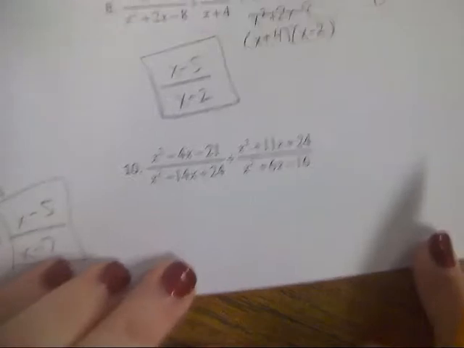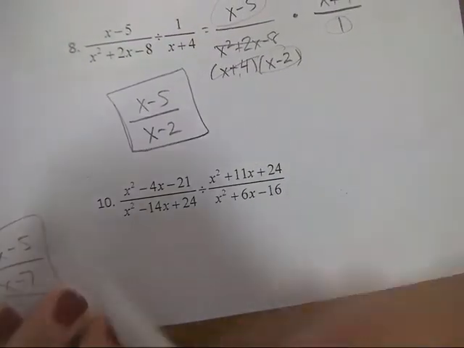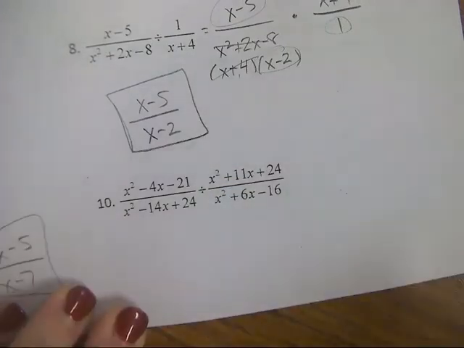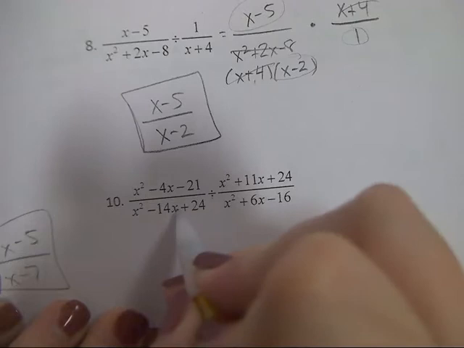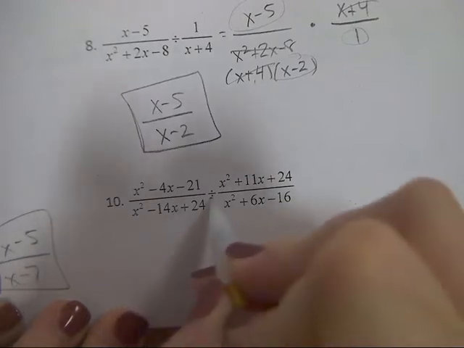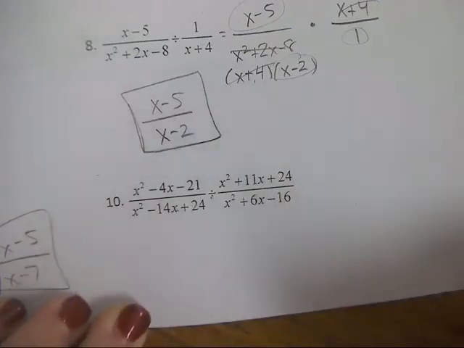All right, last of our division problems. This one has a whole lot of factoring going on. Okay, but before I think about factoring at all, I need to flip it. So we need to keep this fraction, change to multiplication, and then flip. I think you've heard of keep, change, flip before.